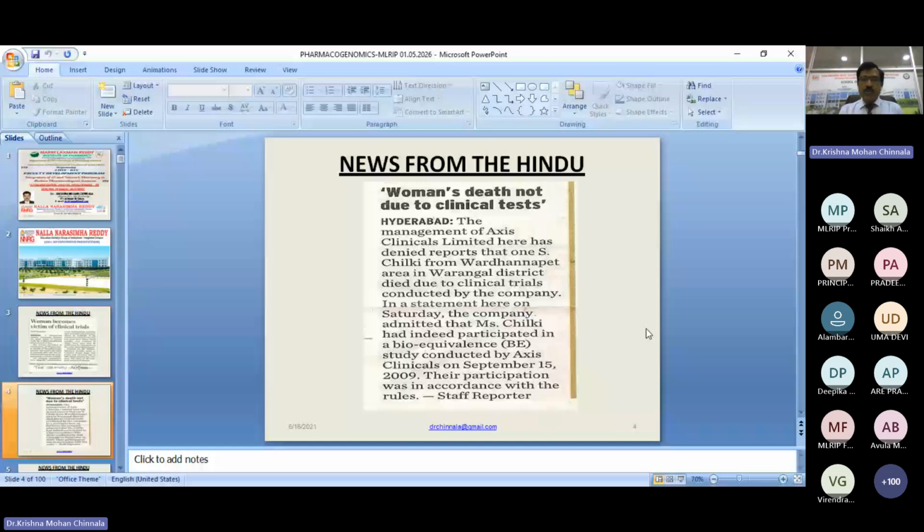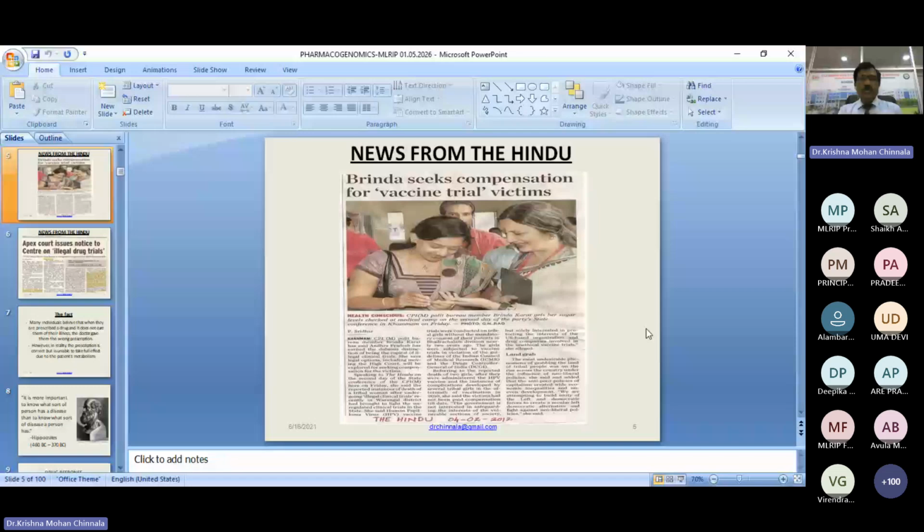So we have to check it. And as pharmacy professionals, we have to protect ourselves. No one will come to protect us, and everyone is ready to blame us, including the political leaders. See, in this news, the political leader Brinda Karat is also blaming the clinical trials in India.